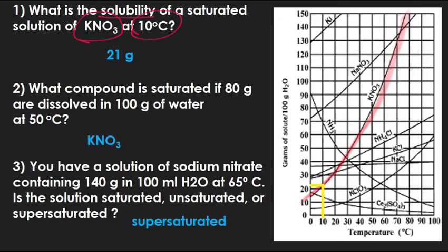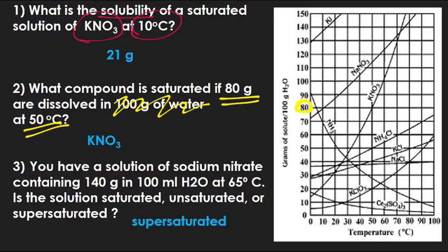Another type of question that they could ask us would be to ask which compound is saturated. Basically, which line is there at 80 grams and 50 degrees Celsius. Notice it also says in 100 grams of water, but that just means that matches my chart, so I don't have to worry about that. I'm not going to be doing anything with this 100 grams number over here.